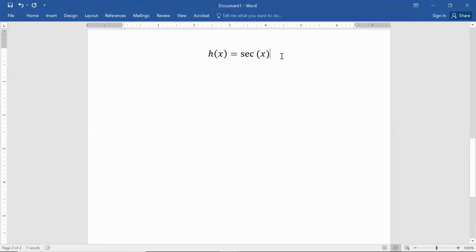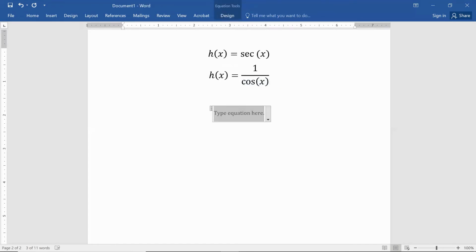The derivative of secant we can find also using the quotient rule. Now let's do a rewrite of secant. A rewrite of secant would just be 1 over cosine of x. So if we want to find the derivative using the quotient rule, we can set up a fraction.